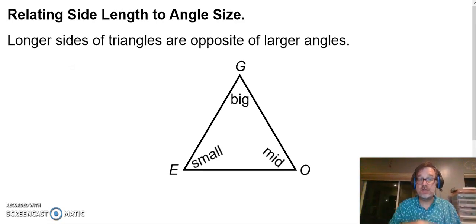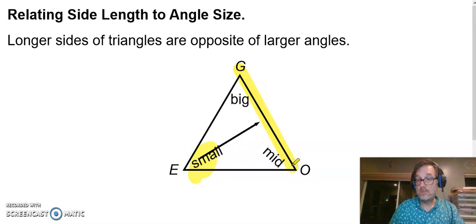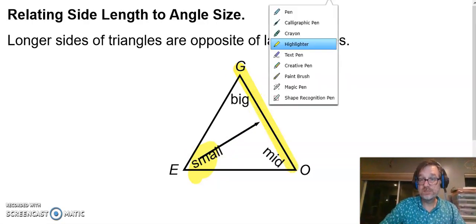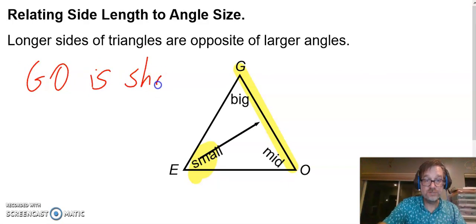If I give you a triangle, we start with the smallest angle. I come out across from that smaller angle. That means this must be the shortest side. We know GO is the shortest side.